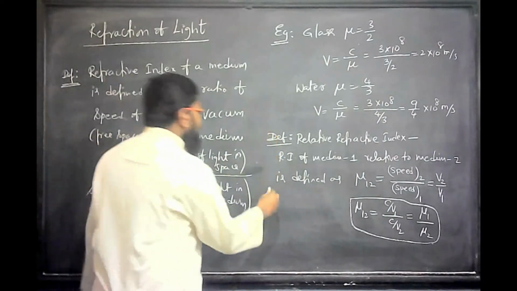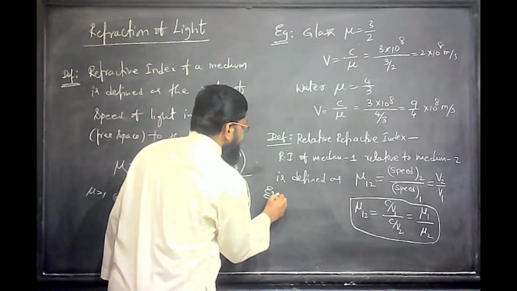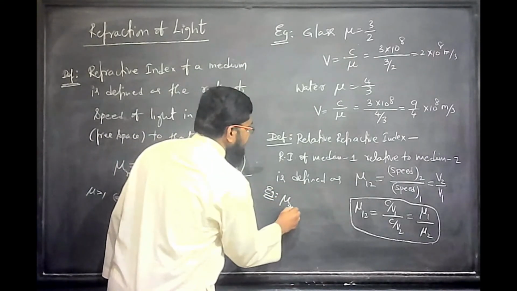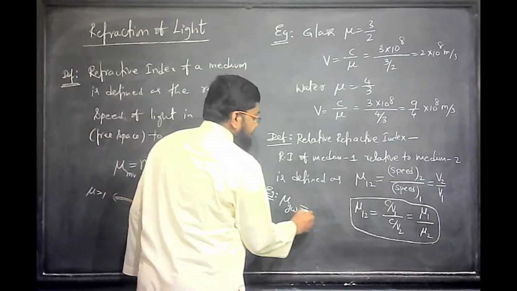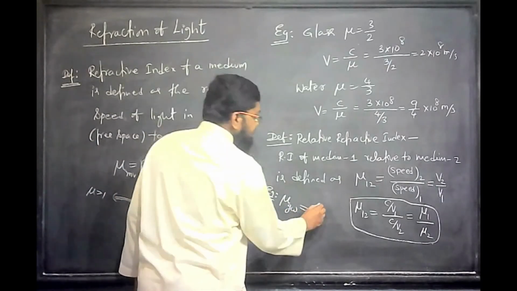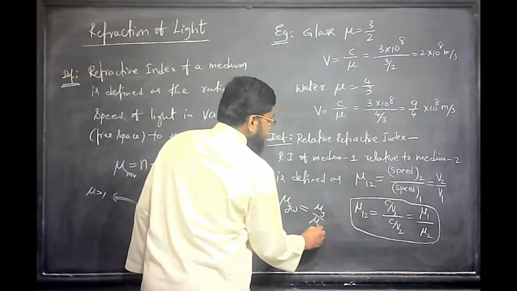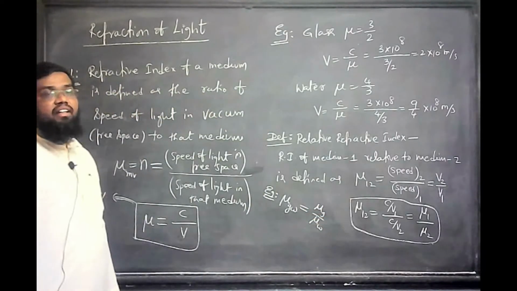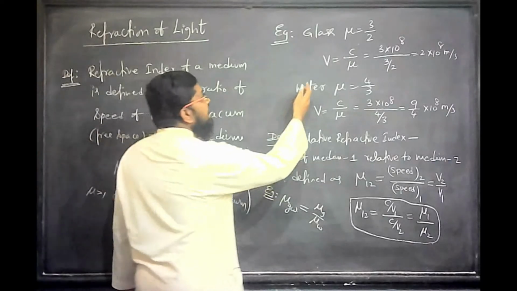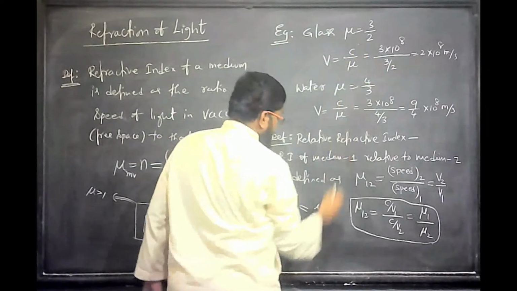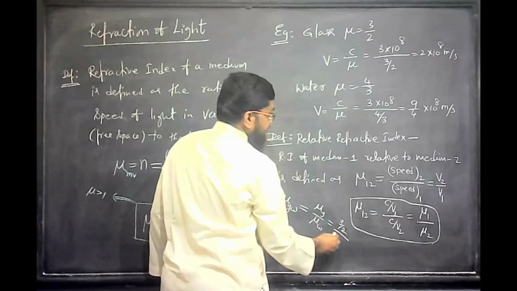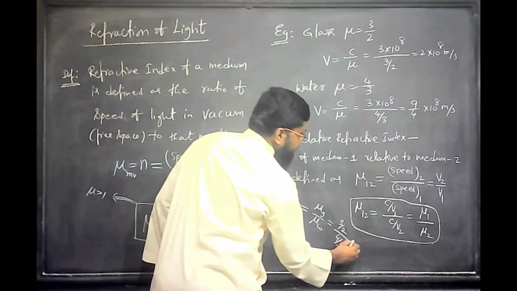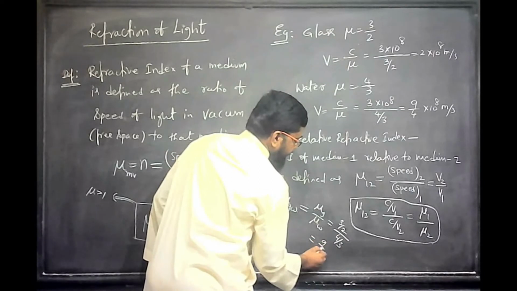So for example, what is the refractive index of glass with respect to water? It is the refractive index of glass divided by the refractive index of water. The refractive index of glass is 3 by 2 and water is 4 by 3. Then the answer we get is 9 by 8.